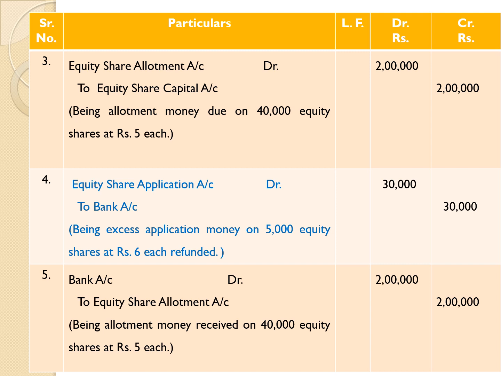Firstly, we are showing allotment money due. When allotment money falls due at that time, allotment account will be debited, whereas capital account will be credited.